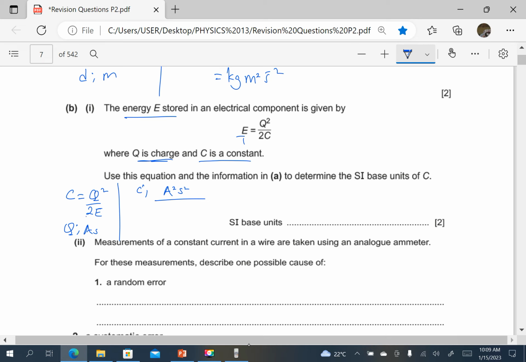Then we ignore the 2 in the units, so we just write the units of energy, which is kilogram meters squared per second squared, and then we simplify. A is standing alone, so it is s squared, s power 2 divided by s power negative 2.